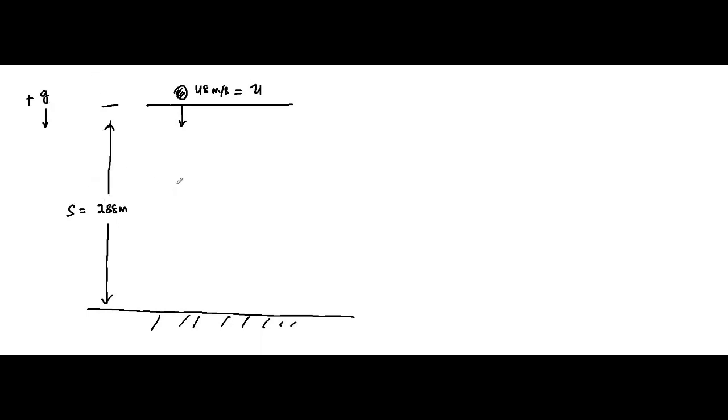And now we have to determine the time which it takes to cover this 288 meters distance, the height of the tower. Let's call it t. Here we'll be using the equation s is equal to ut plus half at square. So that implies 288, which is the distance, is equal to 48t plus half into plus 9.8 into t square.